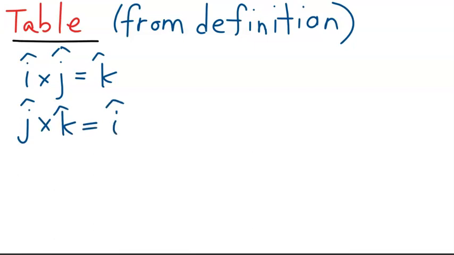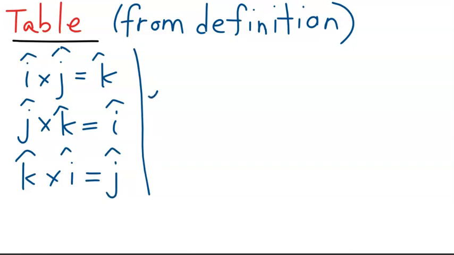You should be able to convince yourself that this is the case by using the same argument that we used for i cross j equals k. The third is k hat cross i hat equals j hat. Now, if we reverse the order, it will pick up a negative sign. So j hat cross i hat is minus k hat.